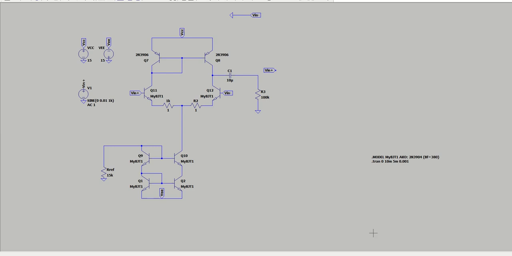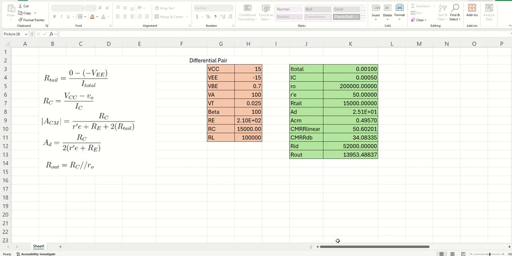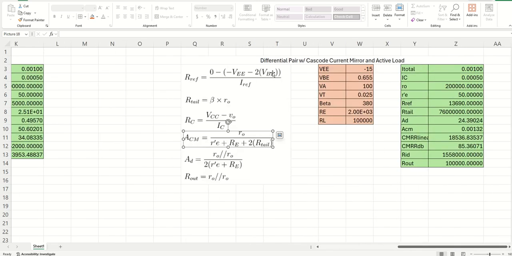Well, now we have this voltage drop between the base and VEE, and these two transistors, the base and the emitter, and then the base and the emitter, which is connected to VEE. So that's going to change the formula that you want to use. So you're going to want to include that. VEE minus 2 times VBE divided by the reference current will give you the appropriate value of your reference resistor.